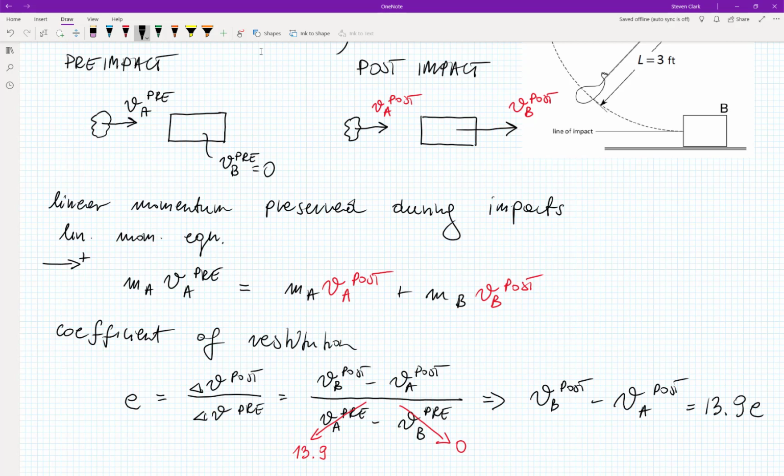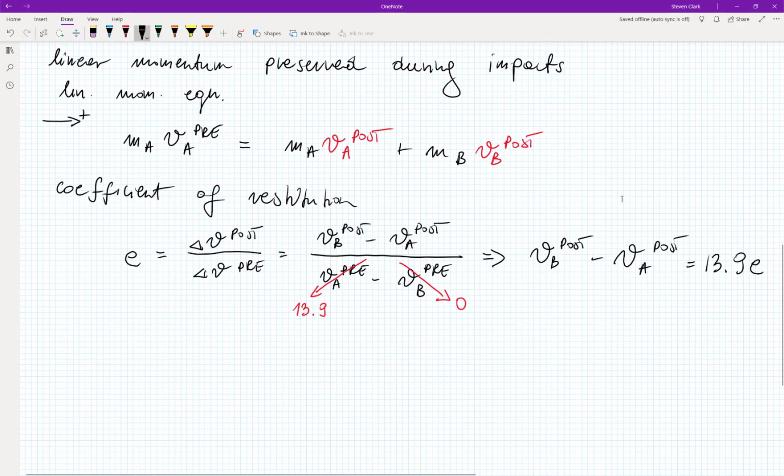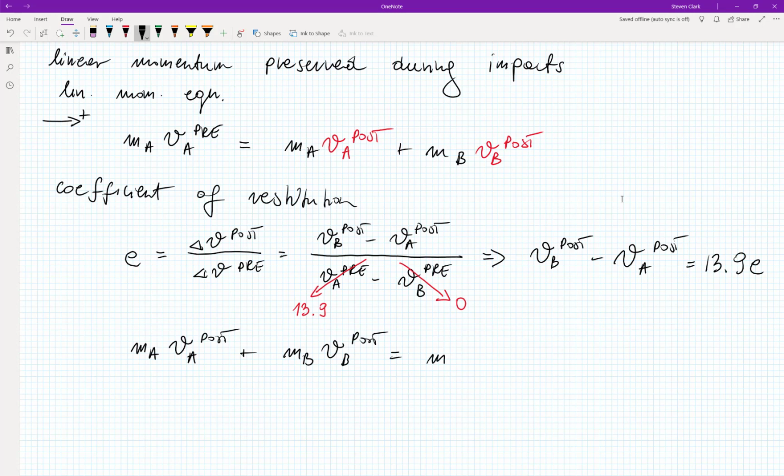Okay, guys, we have two equations and two unknowns. The rest is mathematics, so let's solve it quickly. In here we will have MA VA post plus MB VB post, and this is equal to MA VA pre.